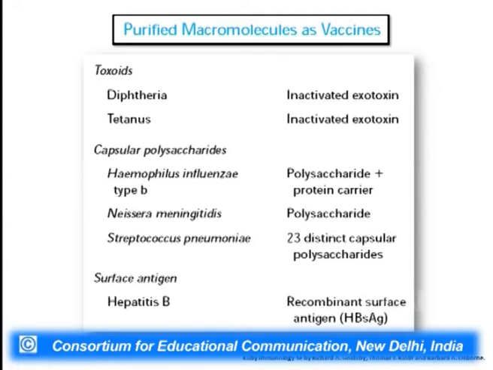For example, in Haemophilus influenzae type B, polysaccharide and a protein carrier is used. In Neisseria meningitidis, polysaccharide is used. In Streptococcus pneumoniae, 23 distinct capsular polysaccharides are used as vaccines. Similarly, the surface antigen in case of hepatitis B is used. It is a recombinant surface antigen. We will discuss them one by one.